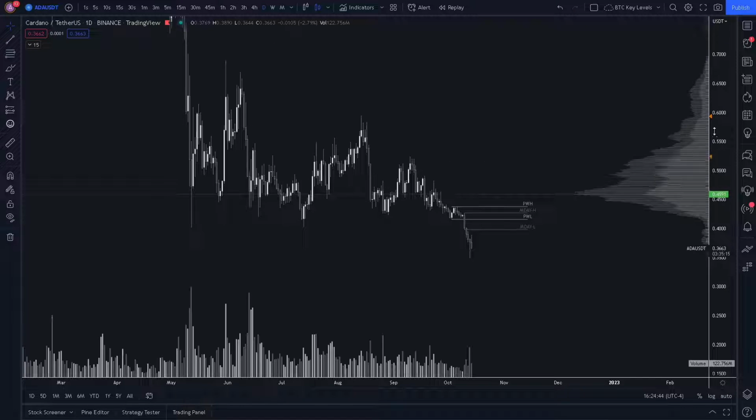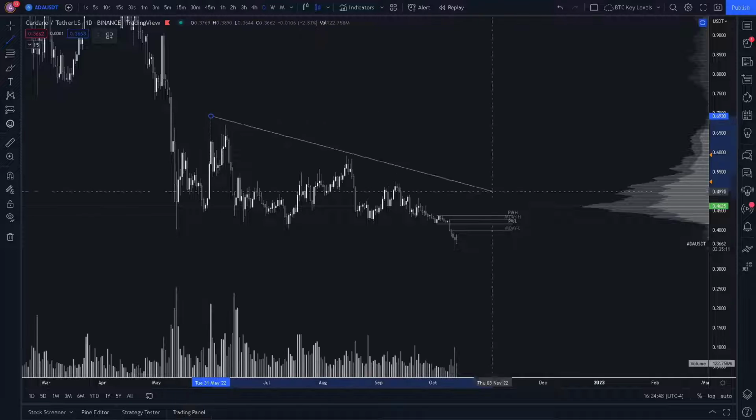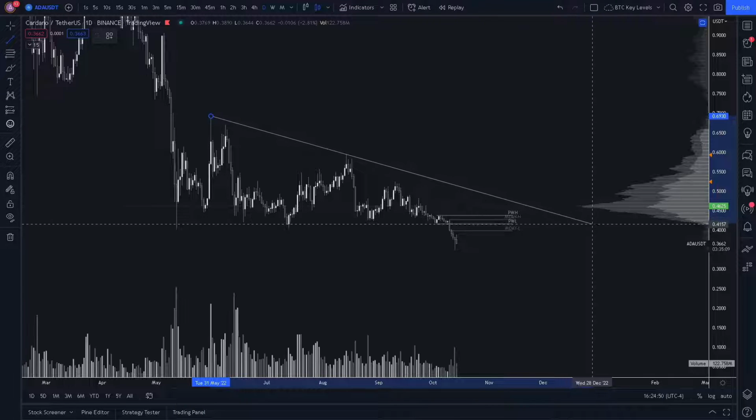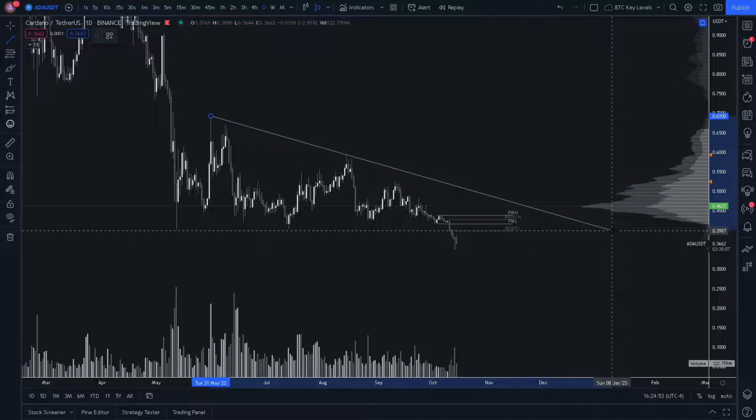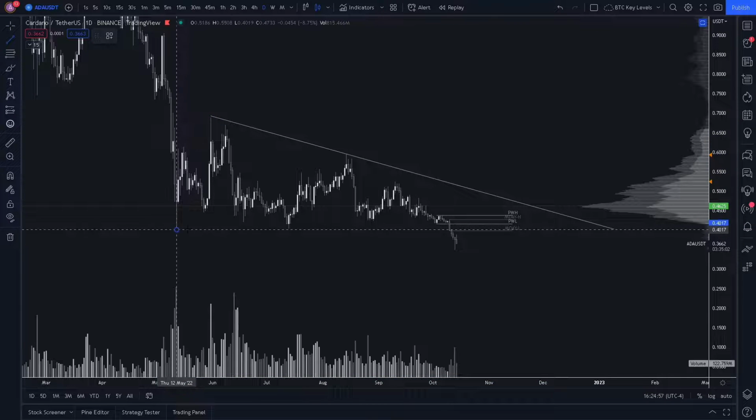So when I see Cardano, I can instantly see that we do have this descending triangle, which is definitely a bearish pattern. So let's put it like here. Thing is, I don't use these patterns as patterns to trade off of, but rather to visualize where liquidity is.